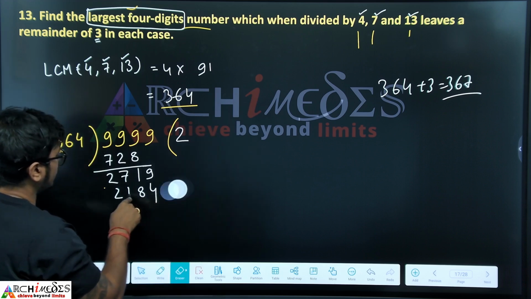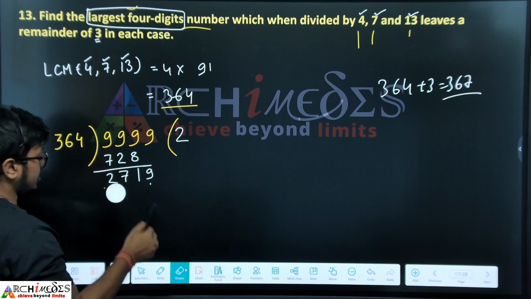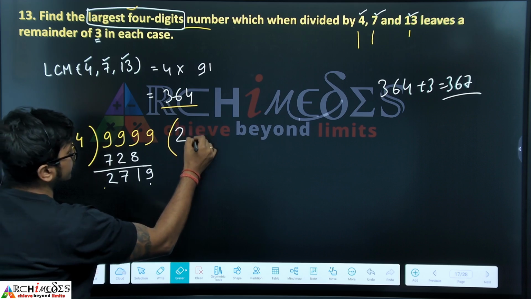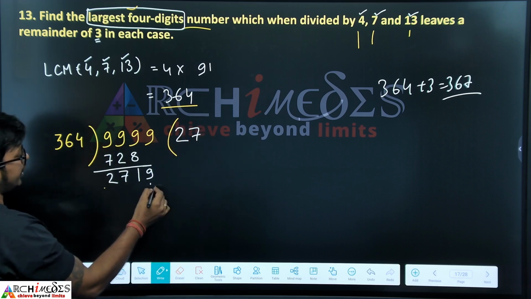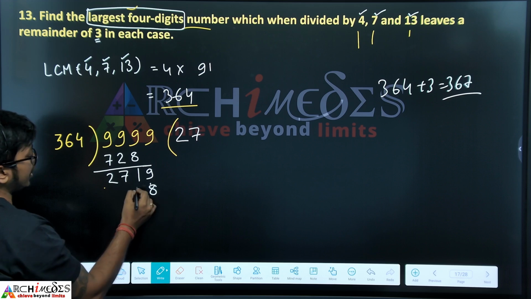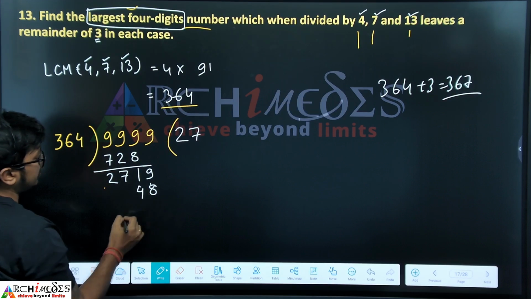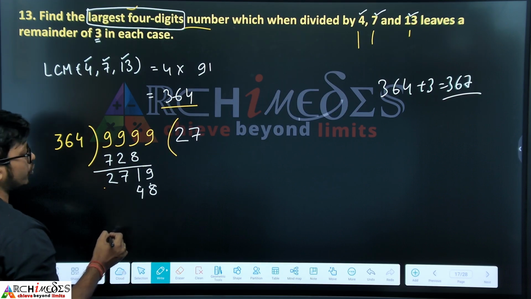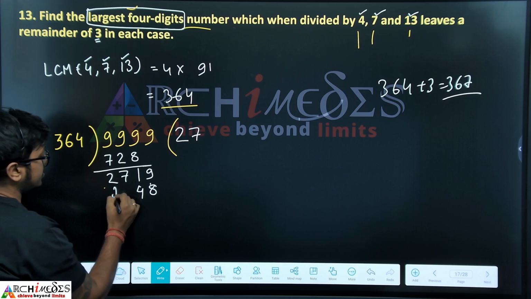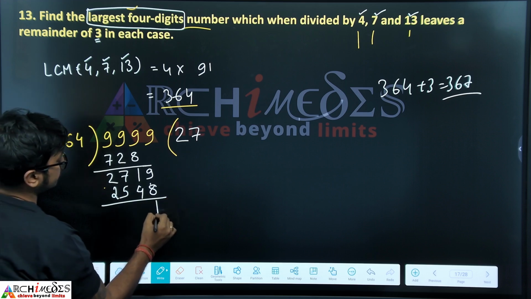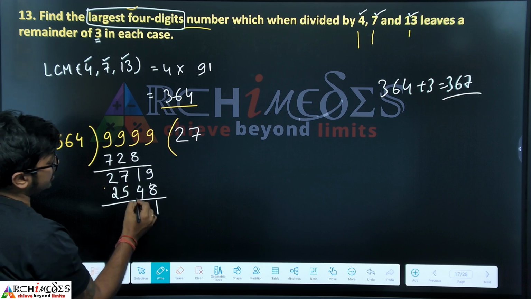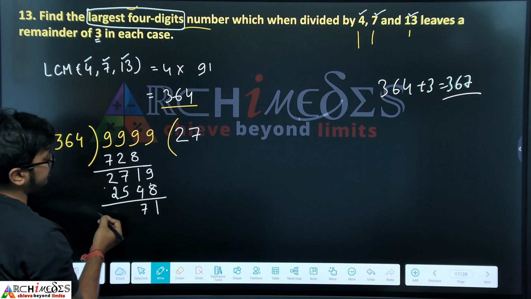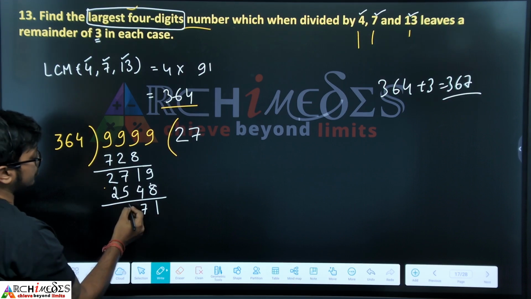We are getting more than 364 remainder. So when you do with 7: 7 4s are 28, carry 2, 7 6s are 42 and 2, 44, carry 4, 7 3s are 21 and 4, 25. Check it, dear. 11 minus 4 is 7. Clear? And 6, 171. Any doubt?